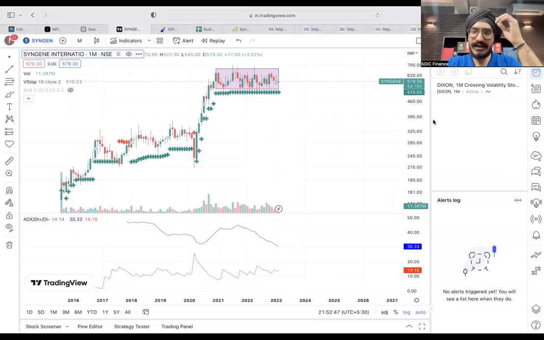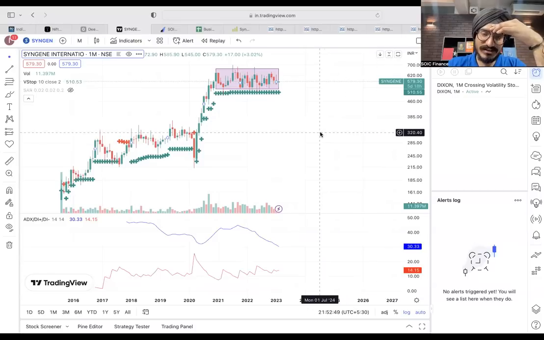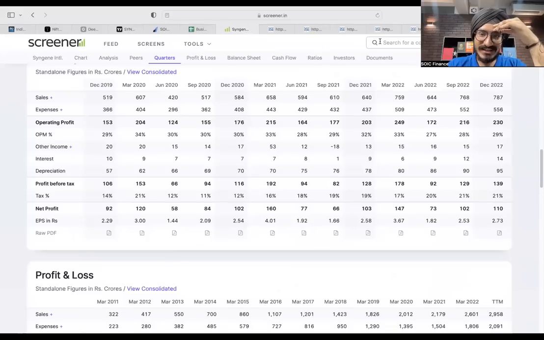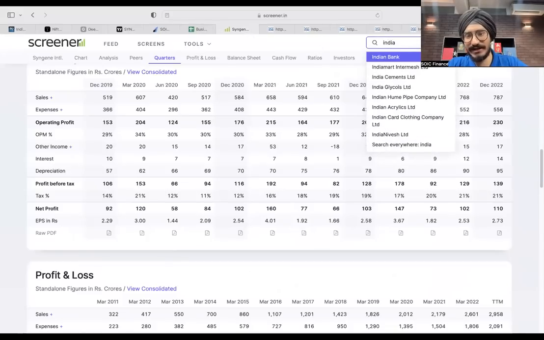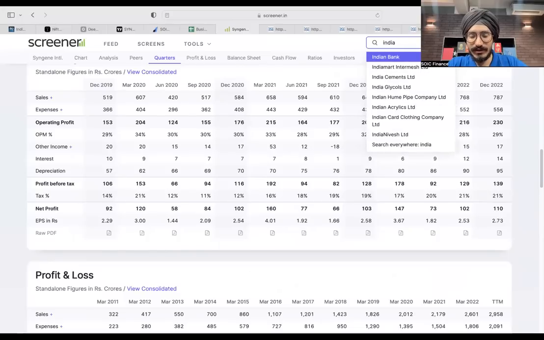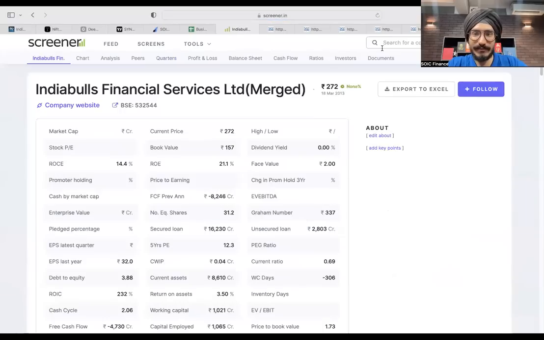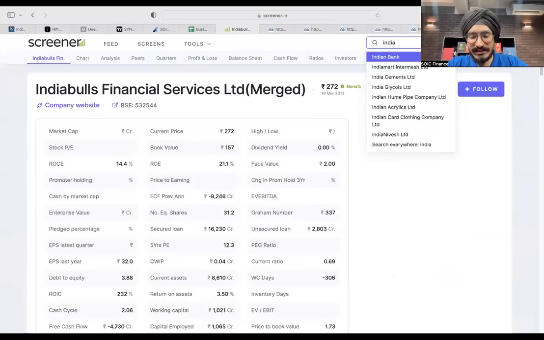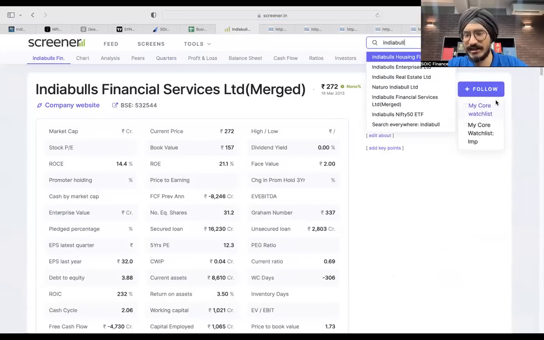India Bull Housing Finance, Ashish, I won't talk about that group basically because of governance issues. Apart from that, you've seen what has happened with India Bull Real Estate, right? So how many people were invested in India Bull Real Estate here? In the comment section, did anyone invest in India Bull Real Estate?